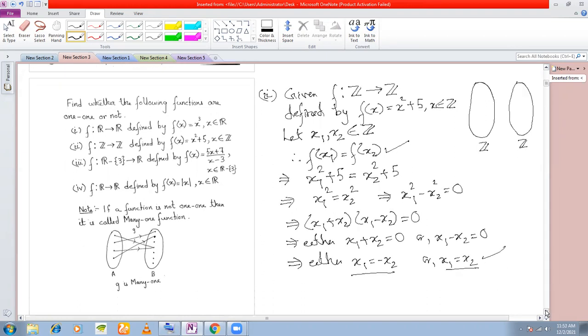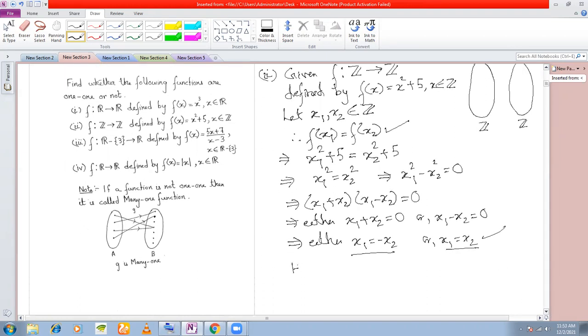So therefore, you say that f is not 1 to 1, or injective function. That is, f is not an injection.